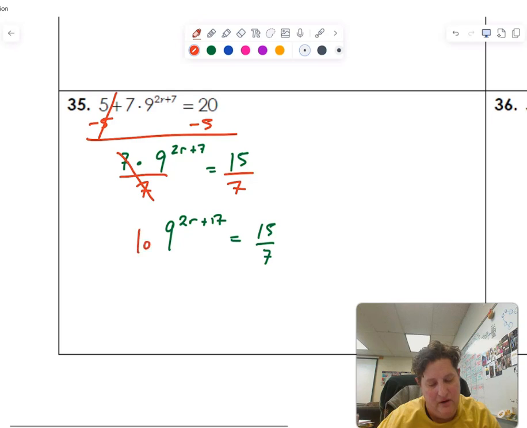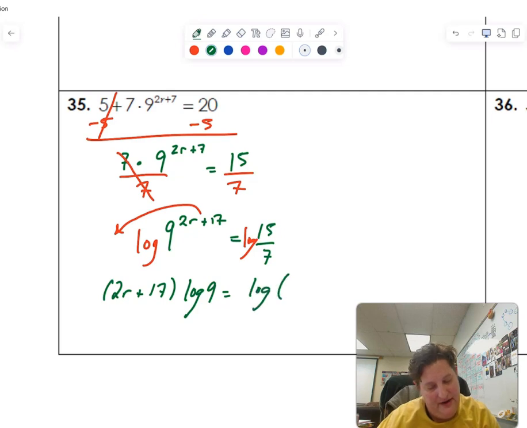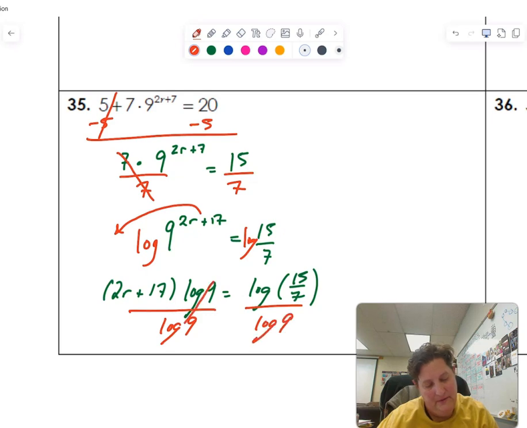You take the log or the ln of both sides, bring this down in front. So 2r plus 7 log 9 equals log of 15 over 7. Okay, I'm going to divide by log 9. All right.